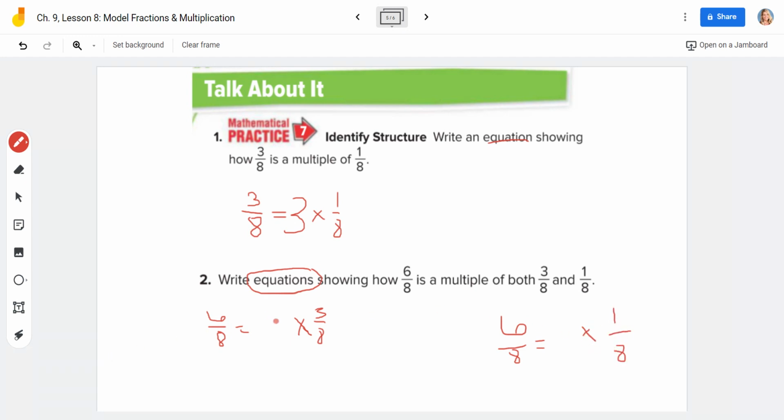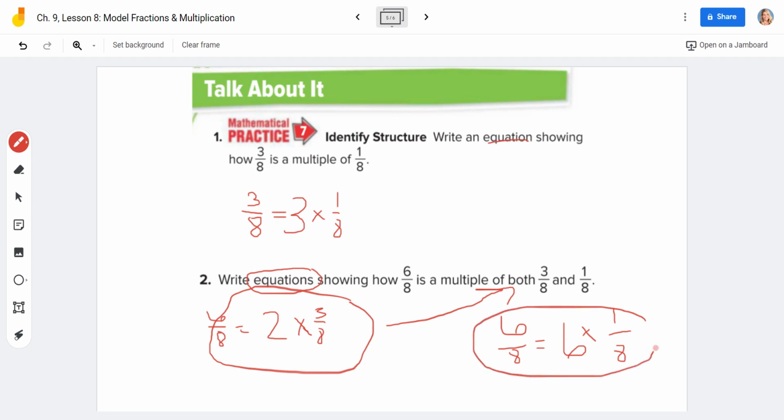All right, so how many times would I need to write 3/8 to equal 6/8? 2, because 3 times 2 is 6. And then how many whole times would I need to write 1/8 to equal 6/8? 6, because 6 times 1 is 6. So that is how 6/8 is a multiple of 3/8, and this is how 6/8 is a multiple of 1/8.